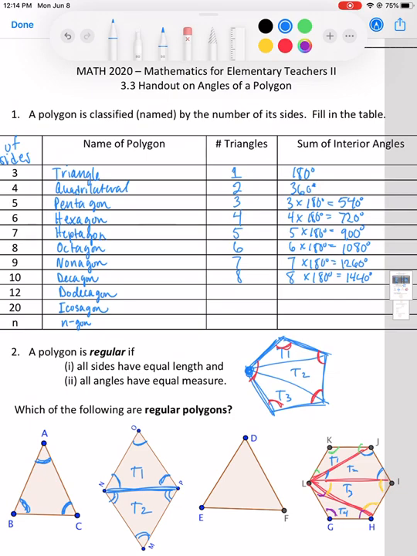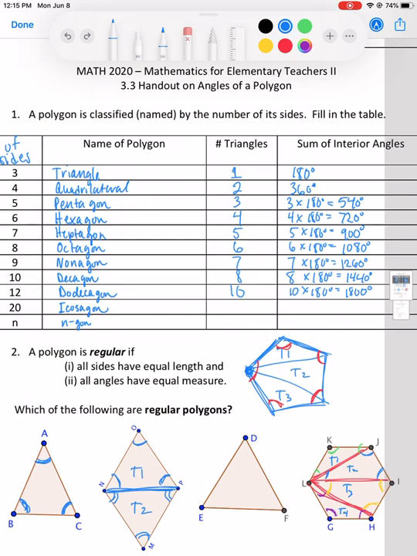In the dodecagon, you can fit 10 triangles. 10 times 180 is equal to 1800. Icosagon, you can fit 20, no, not 20. Let's see.